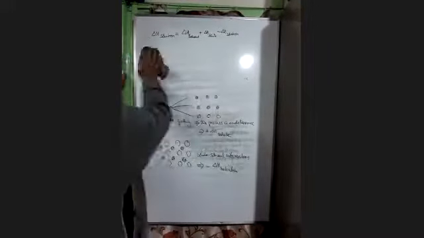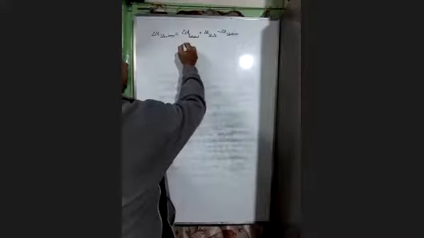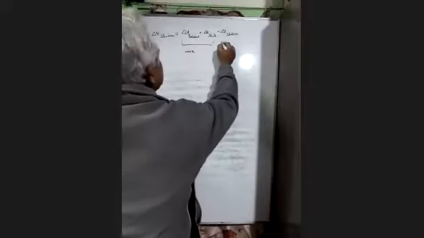Done, sir. Okay. Now see, let me rub it. So what did you find here? That these two are positive and this is negative.